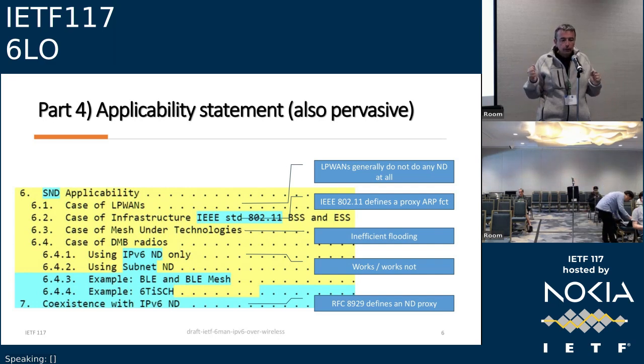Well, the examples that we give in the applicability statement are all coming from the 6Lo wireless type of world. I understand that I have to provide some from the wired world. Example EVPN, but there are others. But for now, this applicability statement is the things we know.